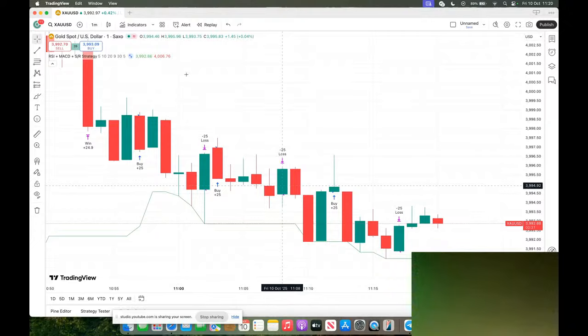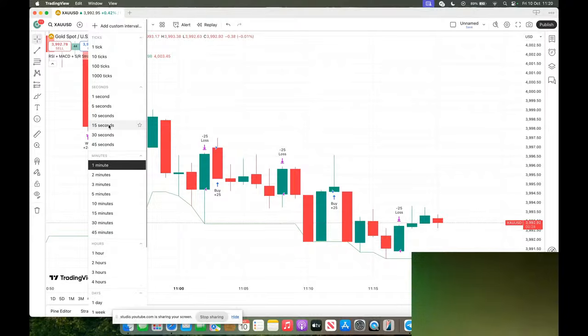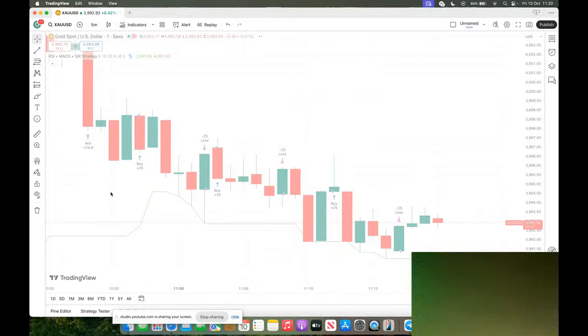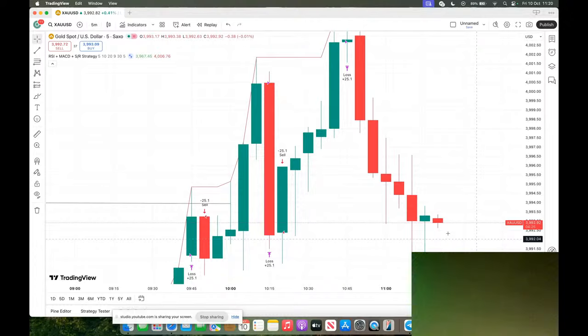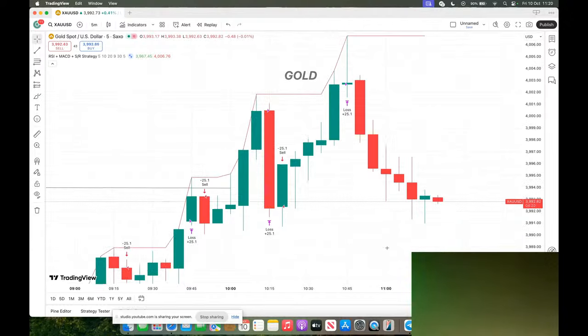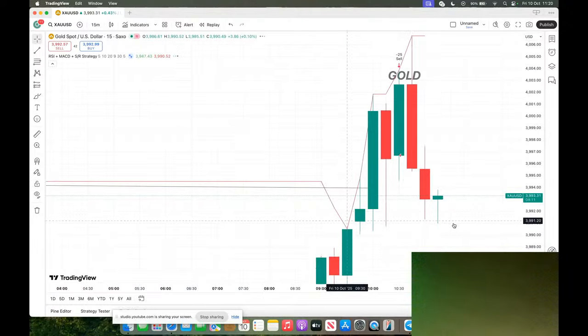5 minute candle just opened and it is coming down. I'm going to give a call if you don't give me a sell, a buy call. So if it comes down here, I should get a buy on gold. Great.